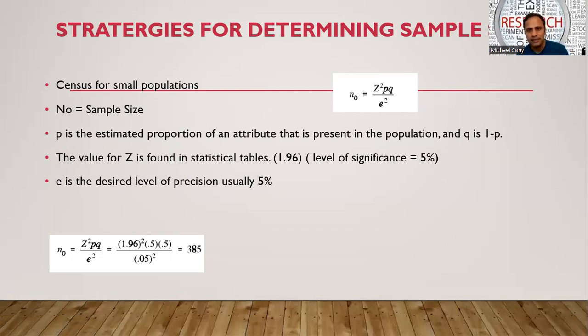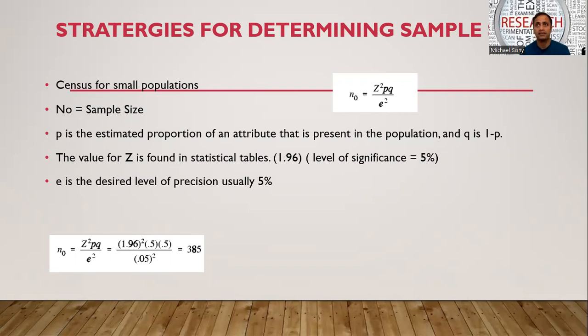So what matters here is P and Q. If you remember, earlier we discussed population proportion, or incidence. That means, if I am studying a particular characteristic, what is the proportion of incidence which can occur in the population? Take for instance, I am studying couples who have divorced in a particular population.